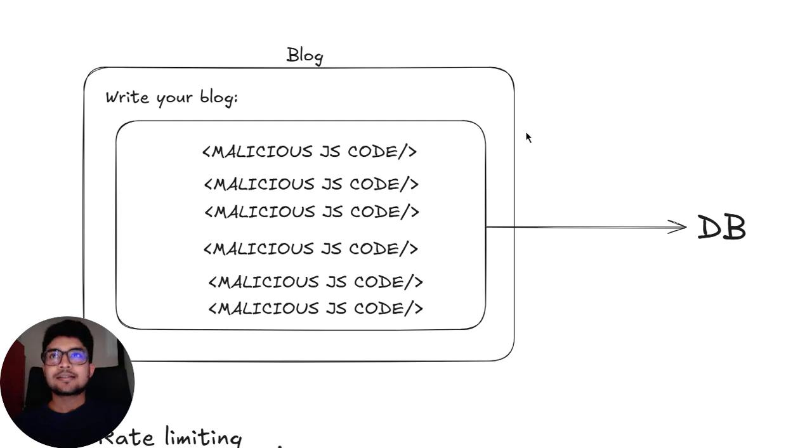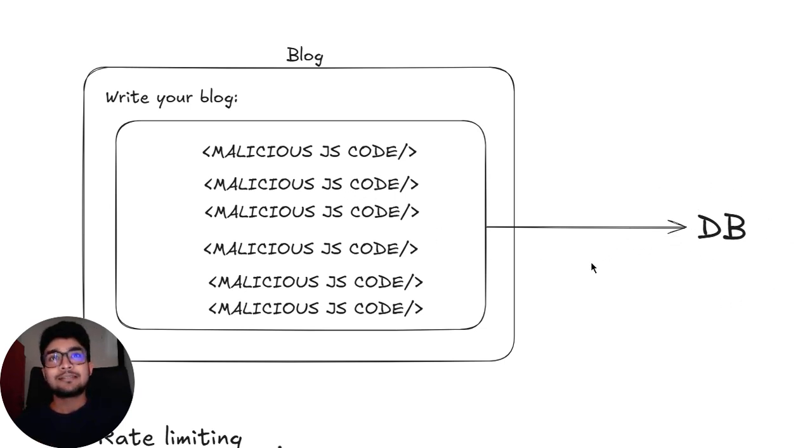If we take this example, which is a blog application, when you are a creator you can basically write your own blog within it. So instead of writing a blog which is text, you write some malicious JavaScript code. This will get stored directly onto your database.